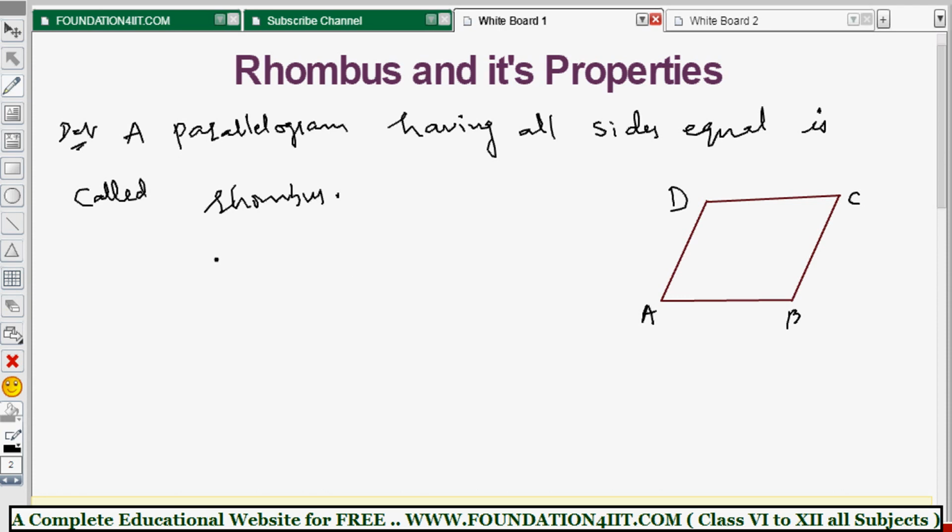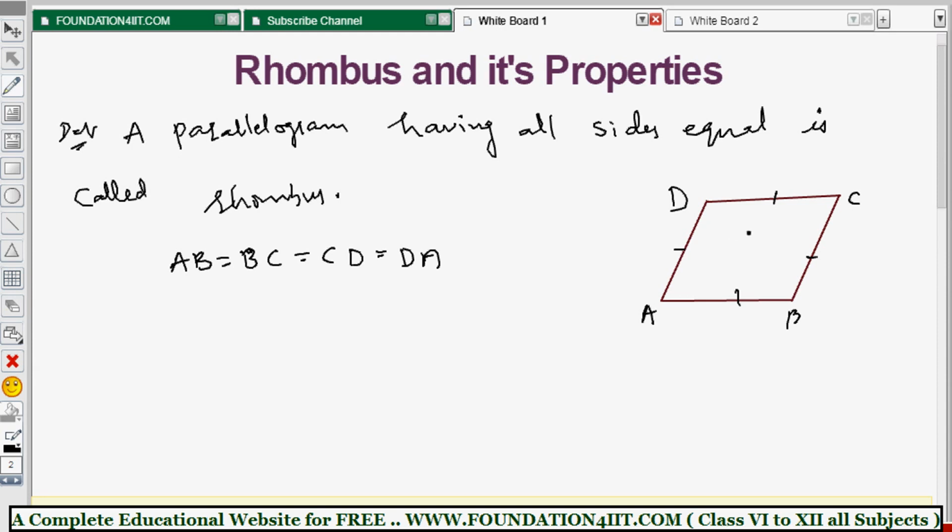In this, AB is equal to BC, BC is equal to CD, and that is equal to DA. That means all the sides are equal. Then only you can say ABCD is a rhombus. A parallelogram having all sides equal is called a rhombus.